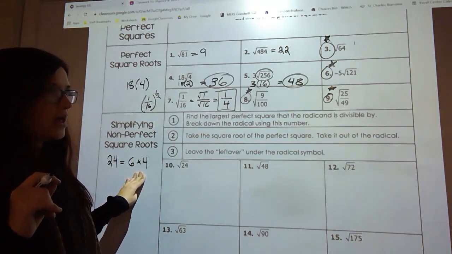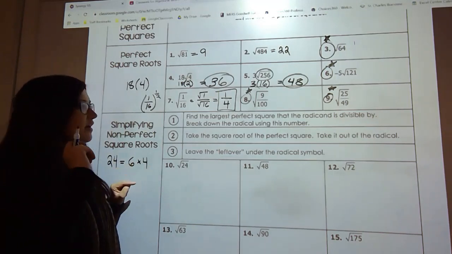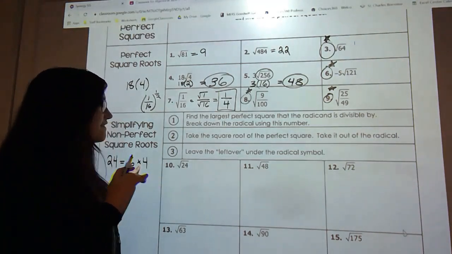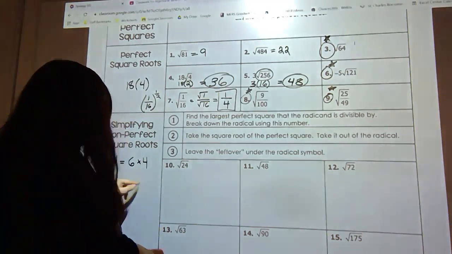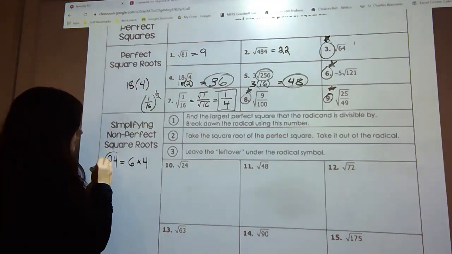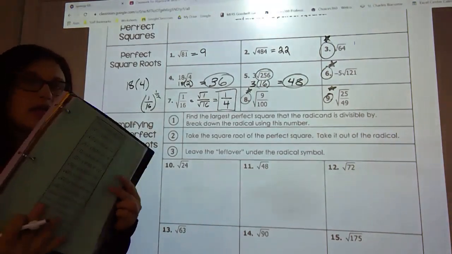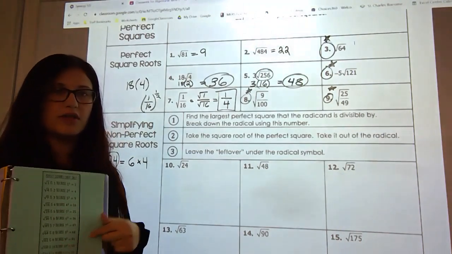And so what we're going to do is factor in a very specific way. What we want to try and do is factor out perfect squares. So what does that mean? I have the number 24. I want to look at my perfect square list: 1, 4, 9, 16, 25, and so on, going down and down.